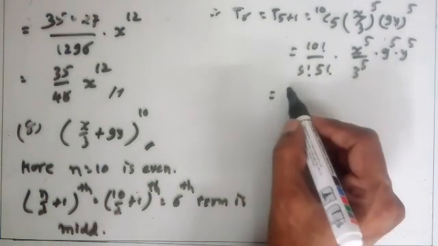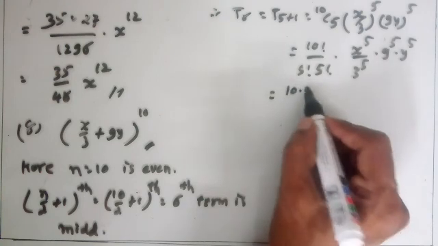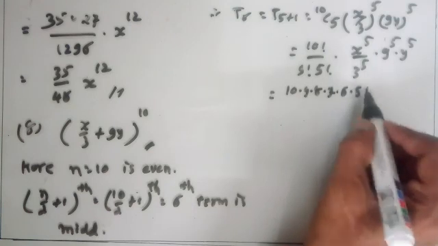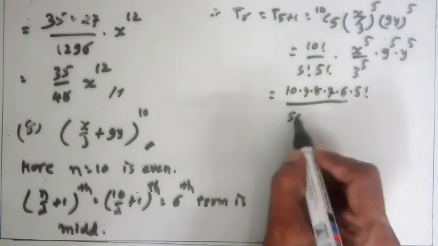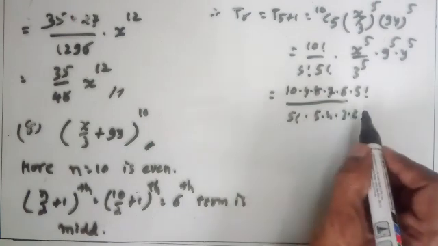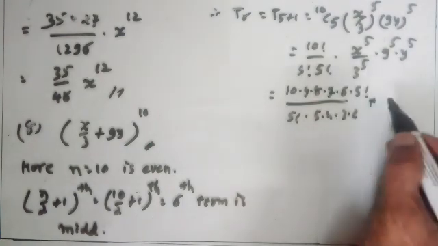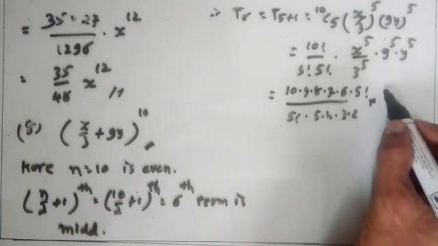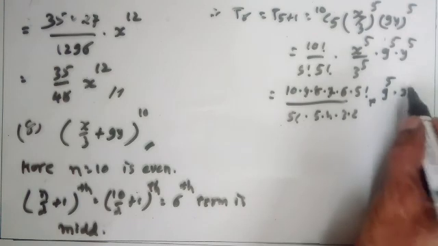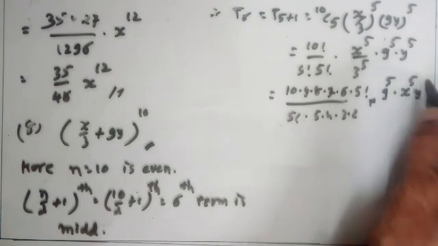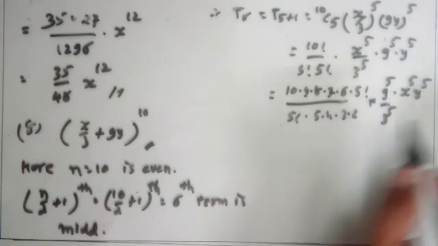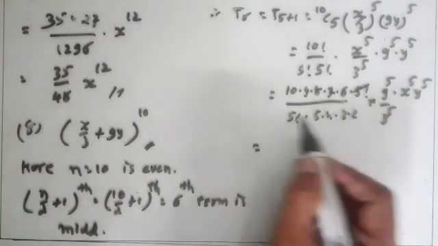Now simplify this. 10 factorial, that is 10 into 9 into 8 into 7 into 6 into 5 factorial, upon 5 factorial into 5 into 4 into 3 into 2 into 1, into 9 raised to 5 into x raised to 5 y raised to 5 upon 3 raised to 5. Clear? So here 5 factorial cancels.